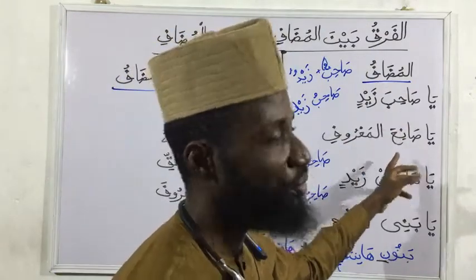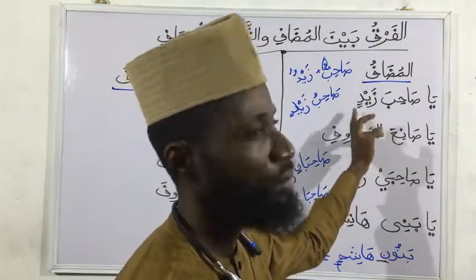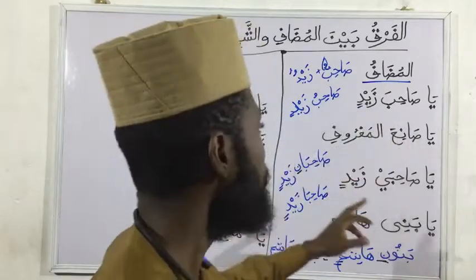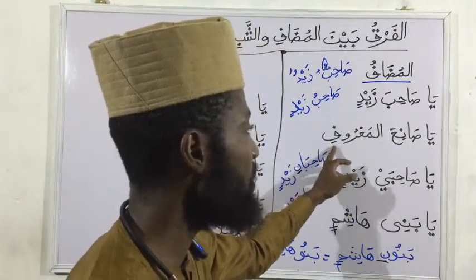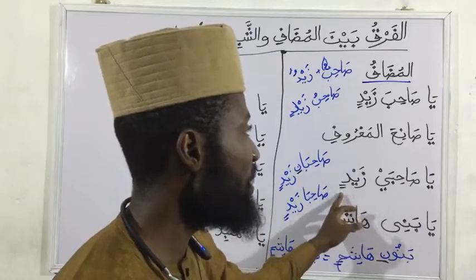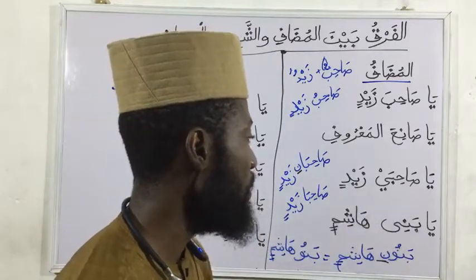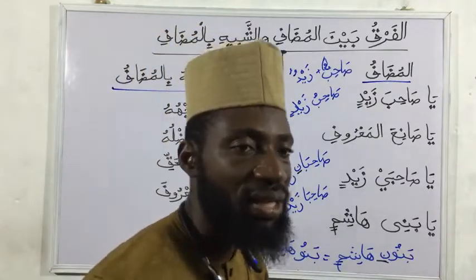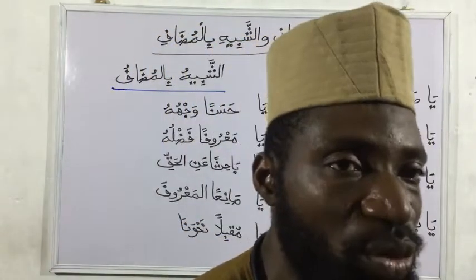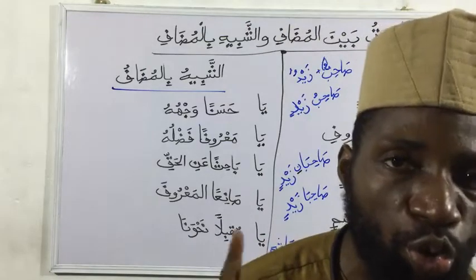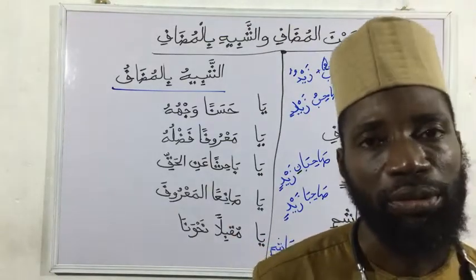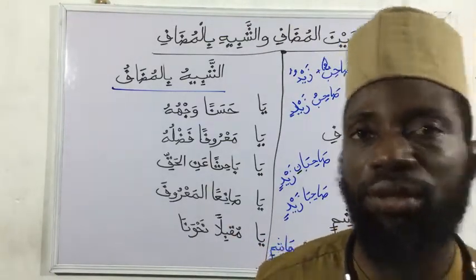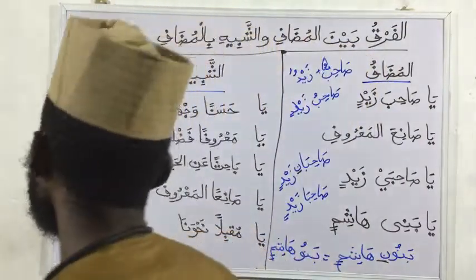For the Mudaaf, this Zaid is taking Jarr. Look at this Ma'ruf too, he's taking Jarr. Look at this Zaidin too, he's taking Jarr. Look at this Hashim, he's taking Jarr. Which means I can conclude that anything that is coming after your Mudaaf is always Majrurun da'iman. Majrurun da'iman.